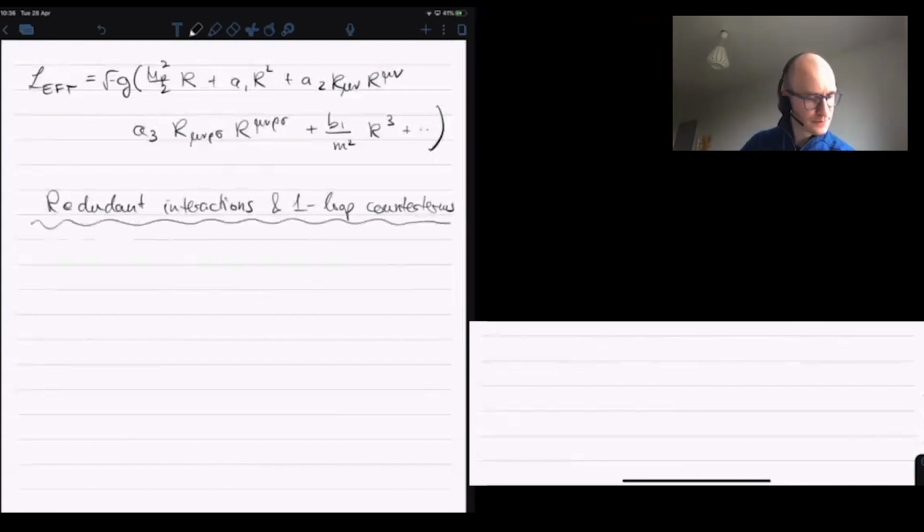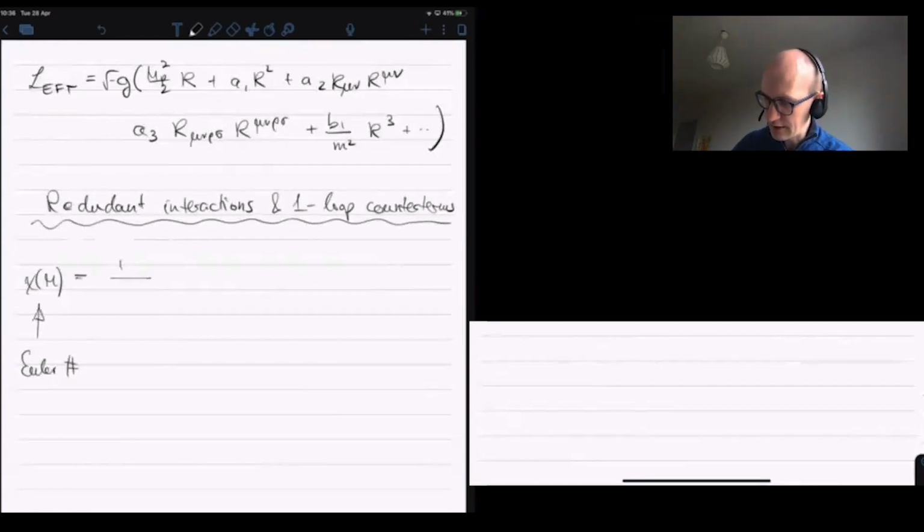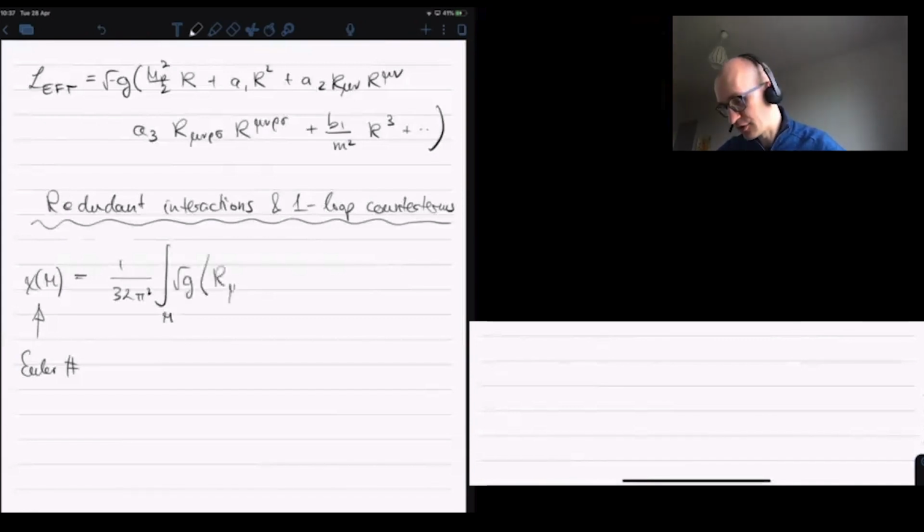So in 4D gravity, there is this theorem that you can write the Euler number, chi of M of some manifold. So this is the Euler number. You can write this as some integral, in the right normalization, 32 pi squared, times the integral over the manifold of its metric, times a certain combination of curvature squared terms.